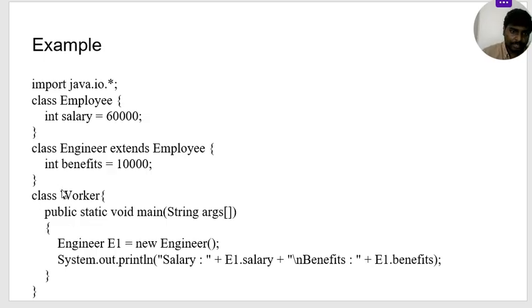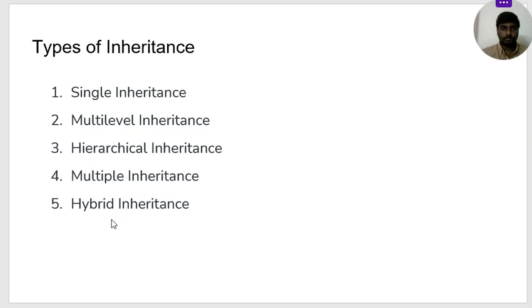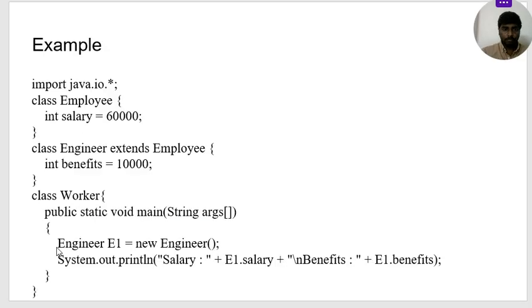And then again we have written another class, inside which we have started our main program. Here we have created an object for the Engineer class. By using this Engineer class, we can access the salary of the employee also, because it is inheriting the properties from the base class called Employee.